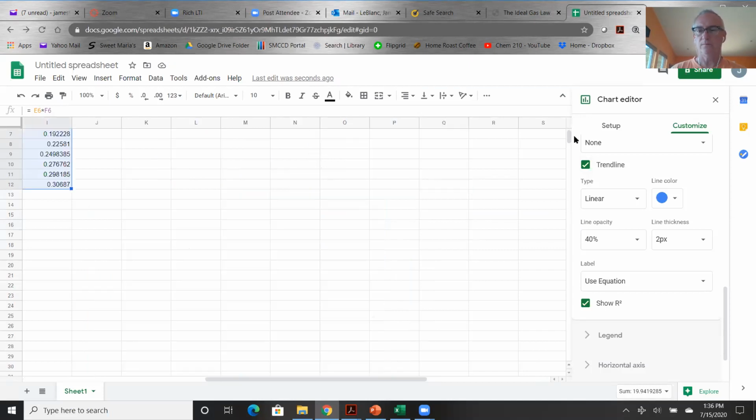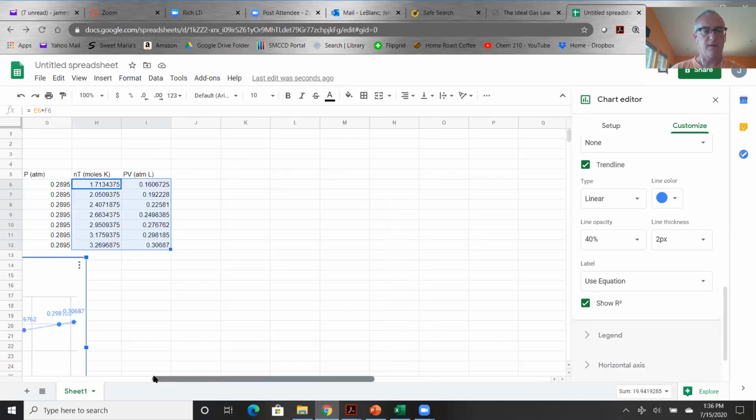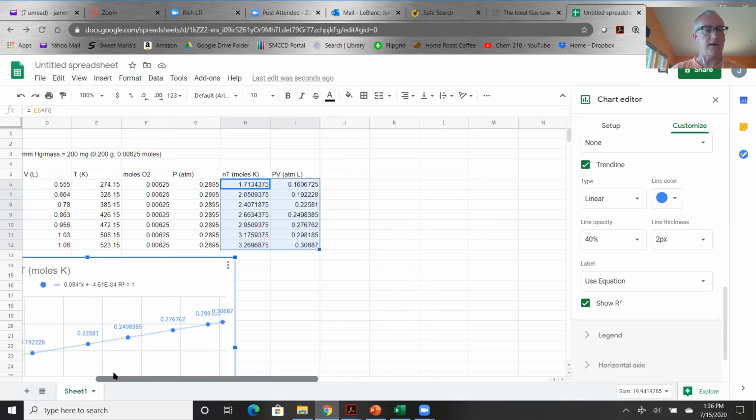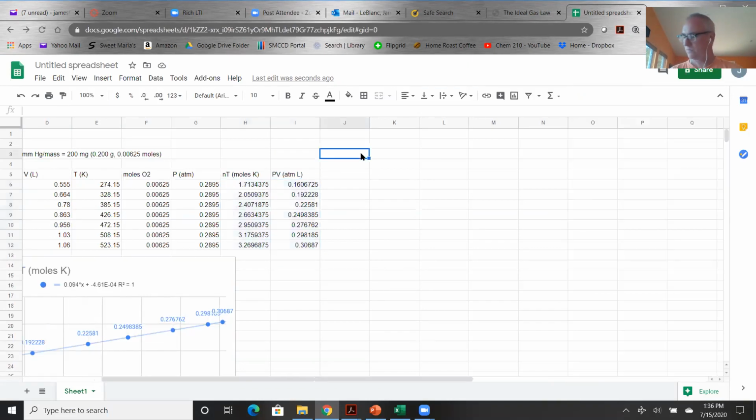There we go. So basically set up the same thing, only this time with argon. So this time I've got argon. I've got 123 millimeters of mercury. And I've got 151 milligrams of gas.